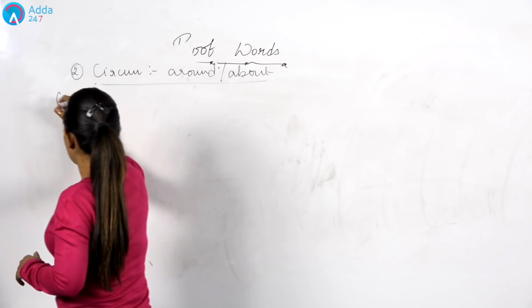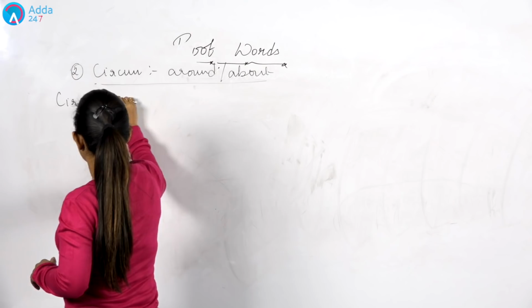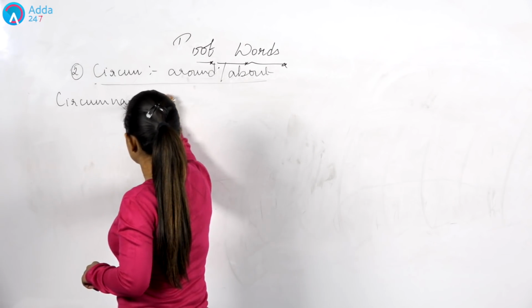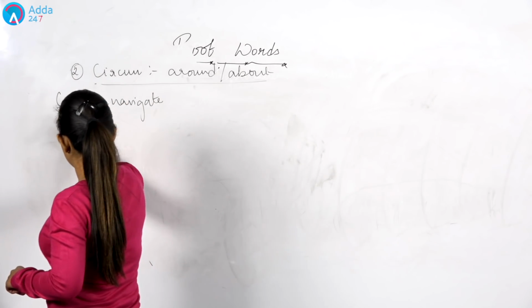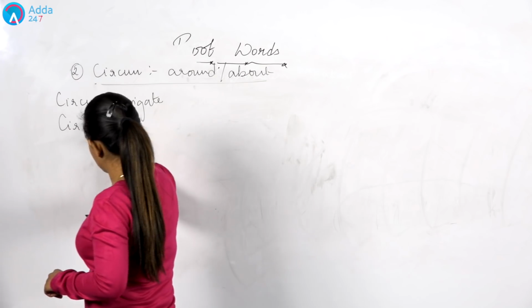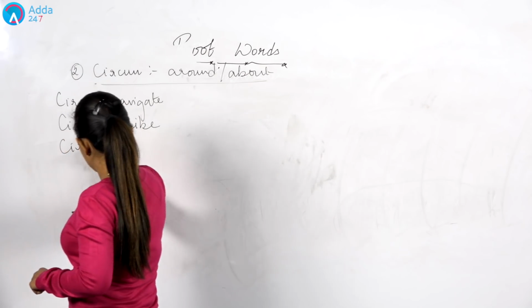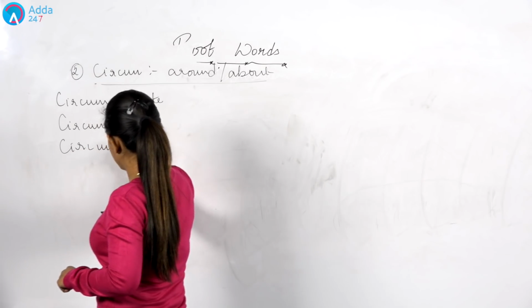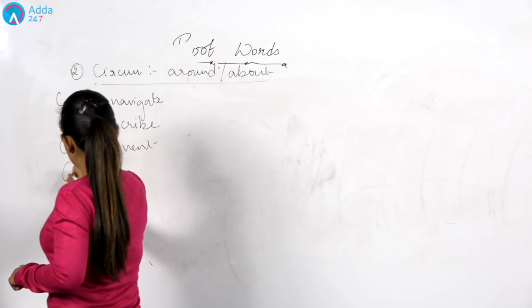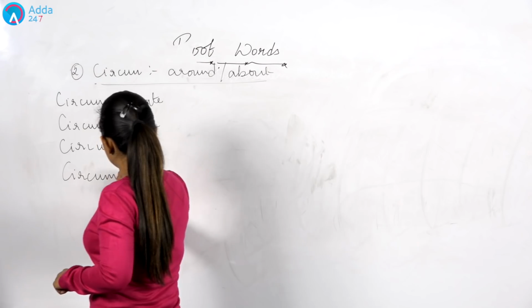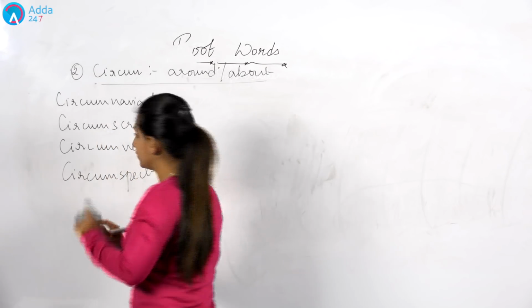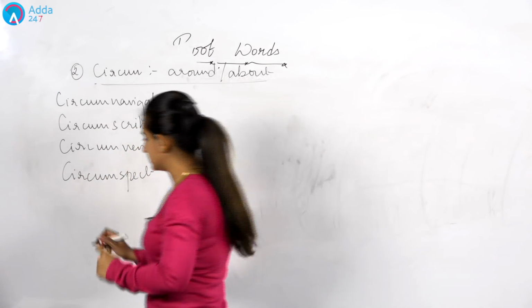So you can have words like circumnavigate. You can have circumscribe. You can have circumvent. You can have circumspect. See, you'll get a lot of root words here as well, right?